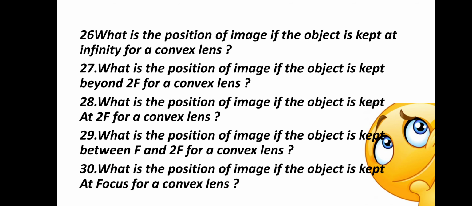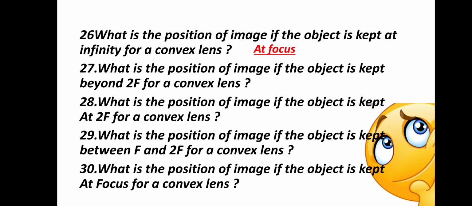The next one, question number 26. What is the position of the image if the object is kept at infinity for a convex lens? When the object is at infinity, the image will be formed at focus, highly diminished or point size, and real and inverted.